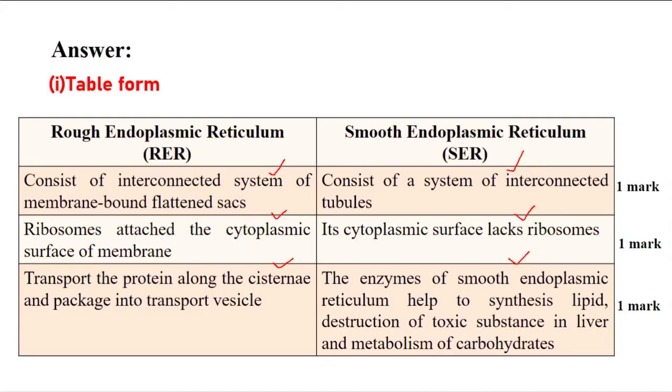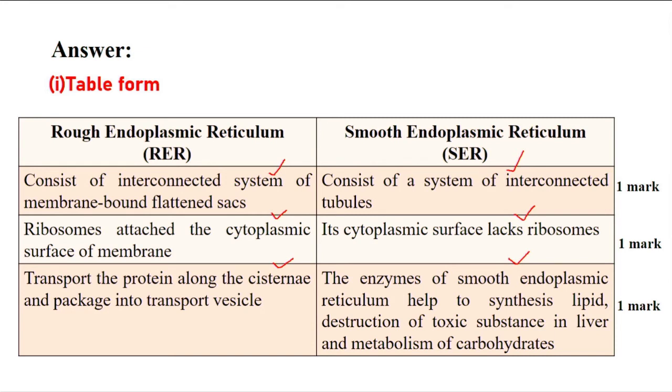This is the sample answer in the table form. You have to write the title of column RER and SER. First point, RER consists of interconnected system of membrane-bound flattened sacs. For SER, it consists of a system of interconnected tubules.